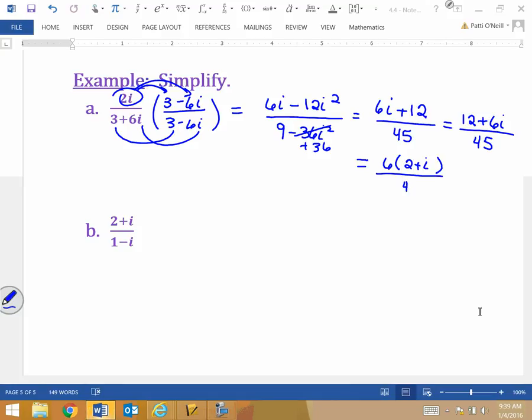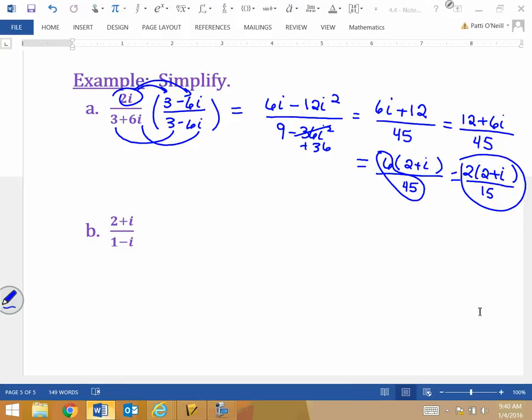The denominator 45 is going to stay as is, but now what I notice is 6/45 can get reduced. 3 goes into each of those, so I'm going to have 2 times the quantity of 2 plus i over 15. And that's going to be my final simplified answer.